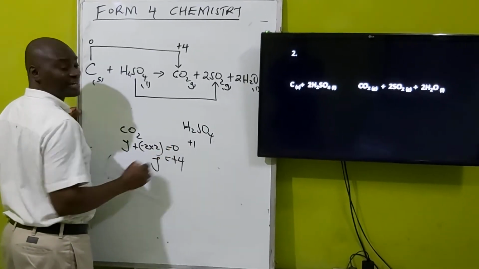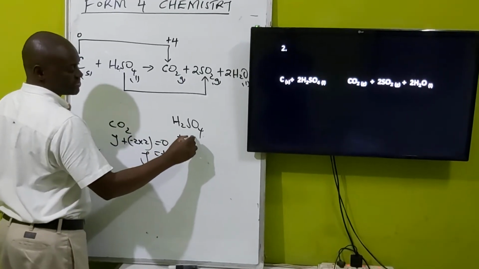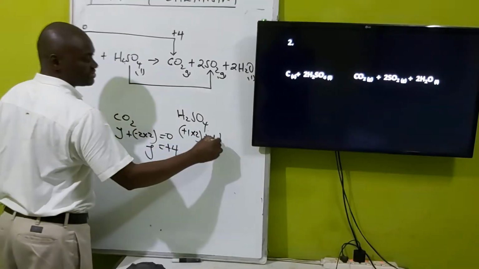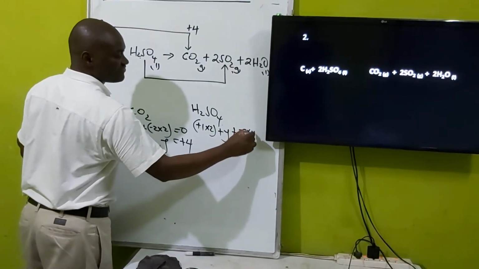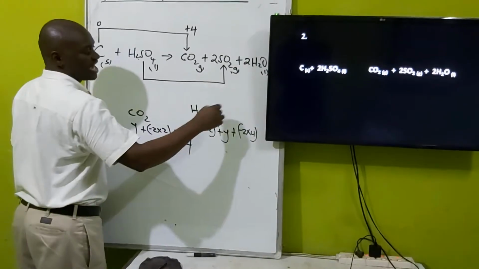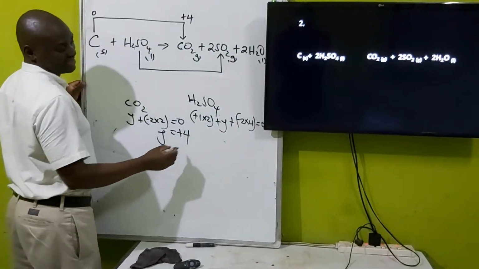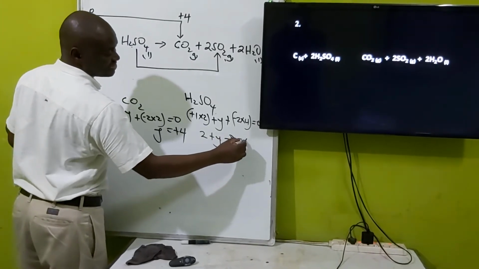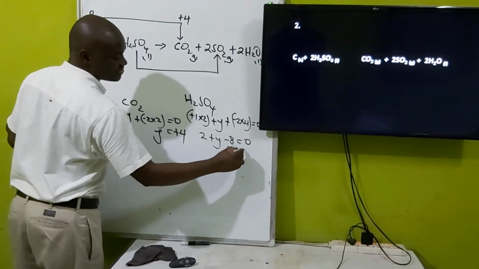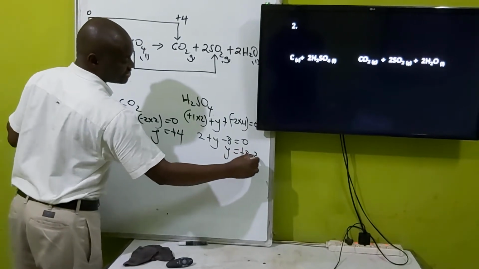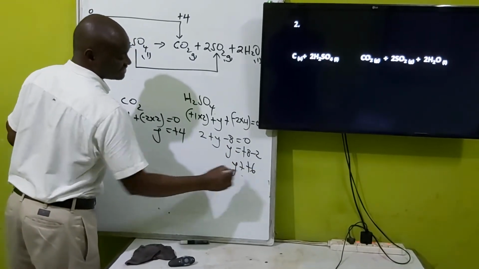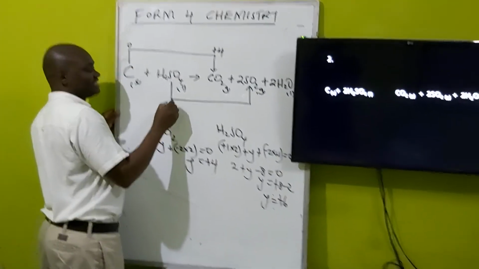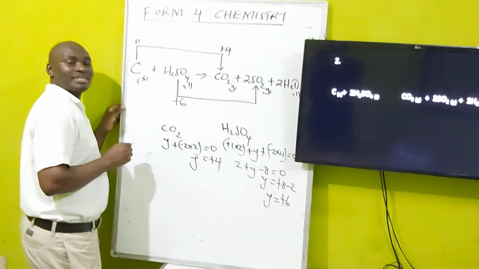Hydrogen here is +1 times 2, plus sulfur, plus -2 times 4. The overall charge is 0. So 2 plus y minus 8 is equal to 0. y is equal to plus 8 minus 2, so y is plus 6. So here sulfur is plus 6.